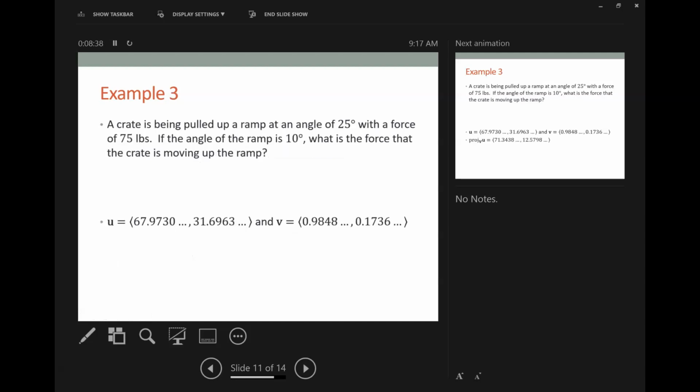Okay. So the plan here, if I want the force moving up the ramp, is that I have to do 2 projections. I have to project the mass onto the ramp, and I have to project the pull onto the ramp. Are these 2 forces going in the same direction or different directions?